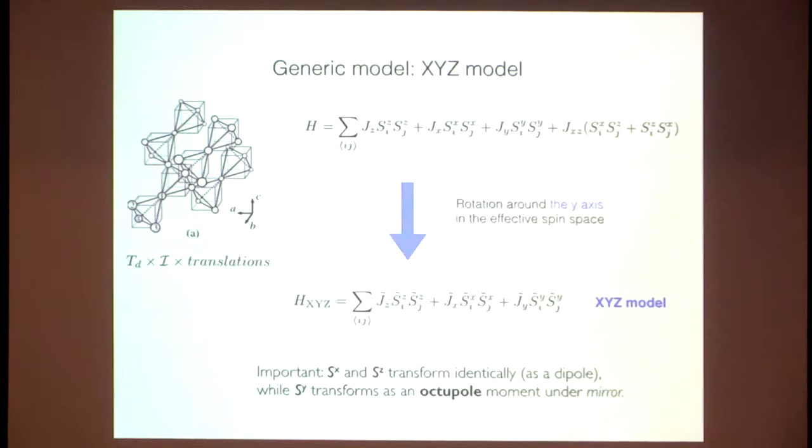This model is isotropic in the position space, but it's anisotropic in the spin space. The reason there is no interaction between x, z, and y is because sy transforms very differently from the sx and sz components. That's because sy is actually a magnetic octupole moment rather than a magnetic dipole moment.